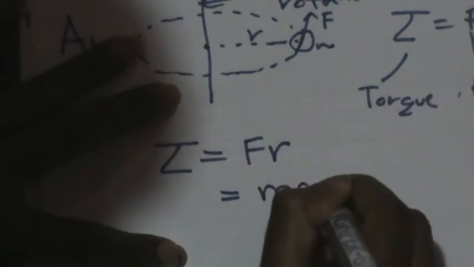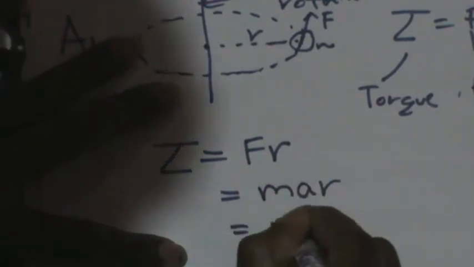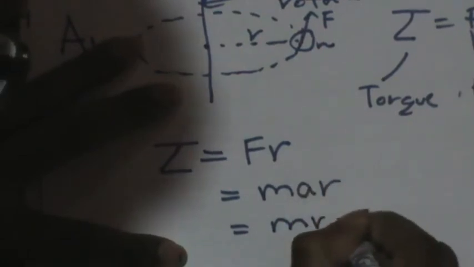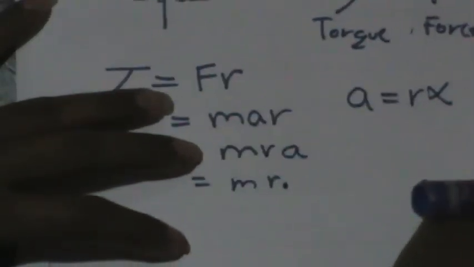Similarly, F equals ma. I'll take R here and a here. You know a equals R alpha, derive that. So a equals R alpha.